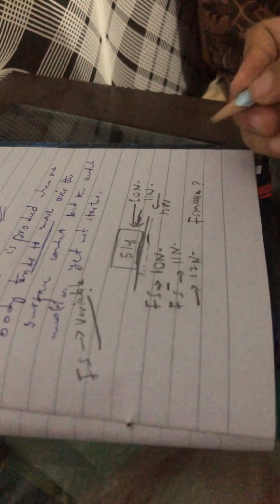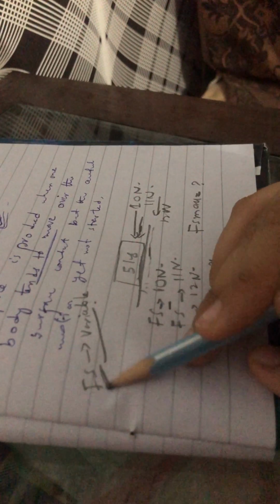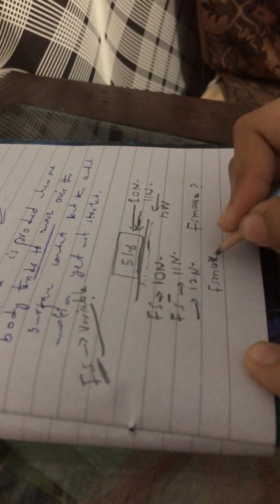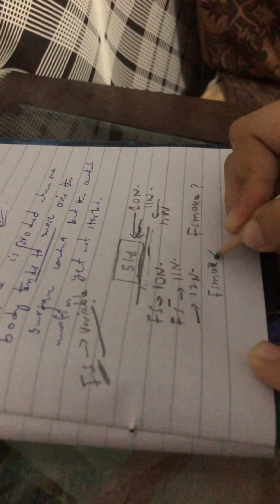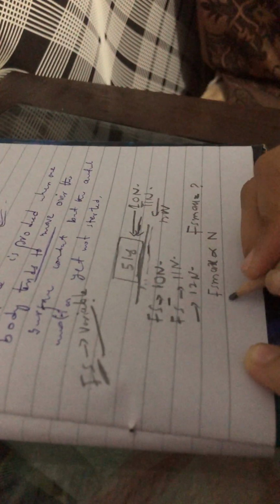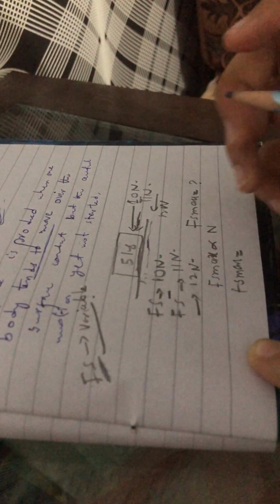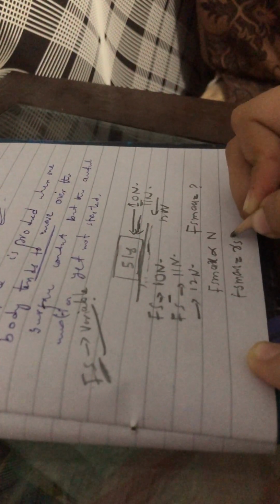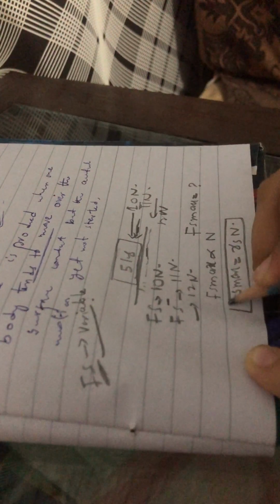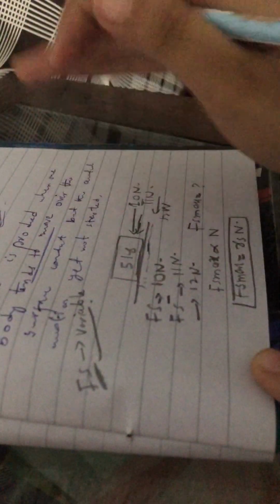We cannot find the exact value of static friction because it is variable, but we can find the maximum value. The maximum static friction is directly proportional to the normal force: Fs max equals mu s times N, where mu s is the coefficient of static friction and N is the normal reaction. This is the formula for the maximum value of static friction.